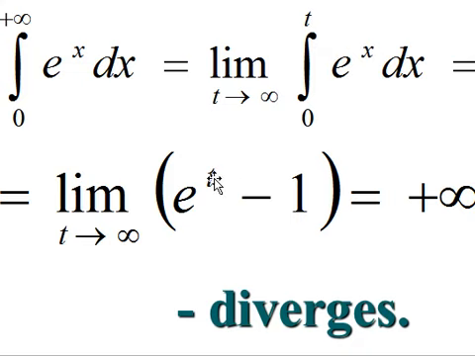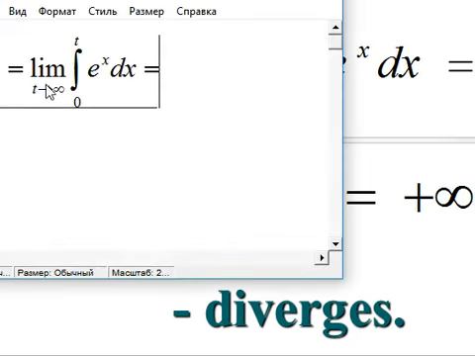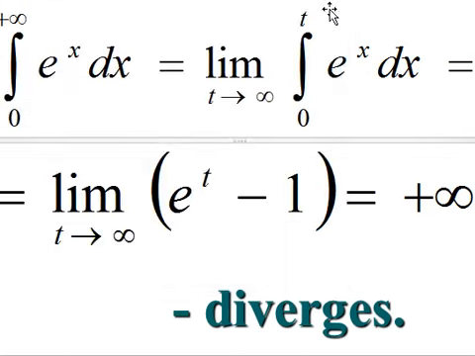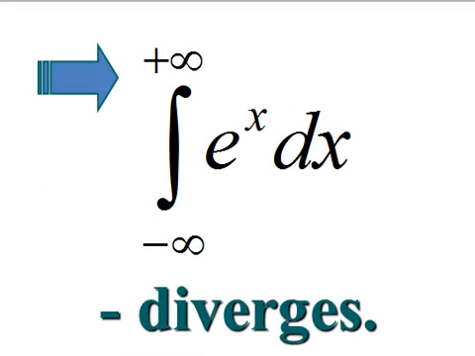When we substitute t, which tends to positive infinity, we see that exponential function with positive degree tends to positive infinity. That's why the result is positive infinity. It means that the second part of our improper integral is divergent. That's why we may say that the sum of convergent and divergent integrals is divergent.